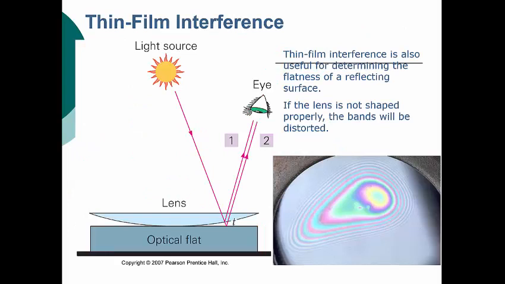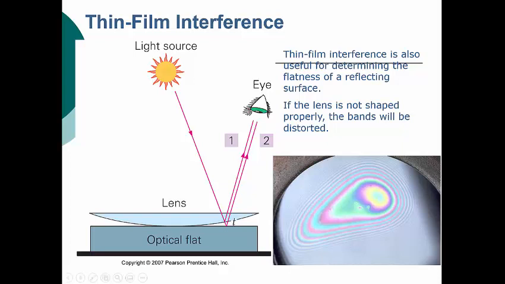We can also use this idea of interference to look at things like optical flats. I used to do this when I worked in industry. We see Newton's rings. So here is an example of Newton's rings where we have a flat crystal placed on an optical flat. We're looking at the interference pattern.